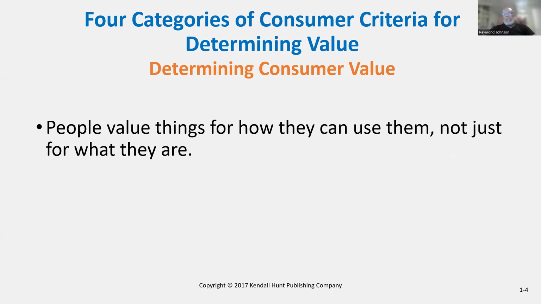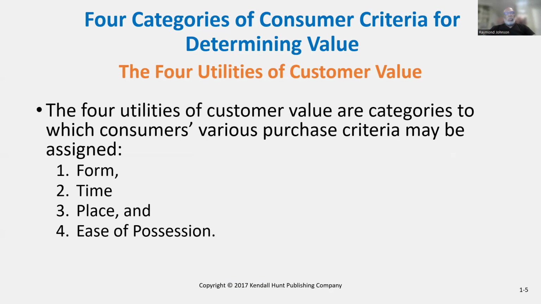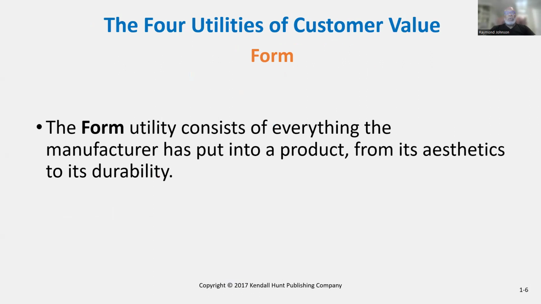As we move into this, we talked a little bit about this before, but the utilities. We have the four economic utilities, if you will: form, time, place, and possession. Ease of possession. You should know this already, but we'll go through it again. The form utility is really everything that a manufacturer places into the assembly of the product.